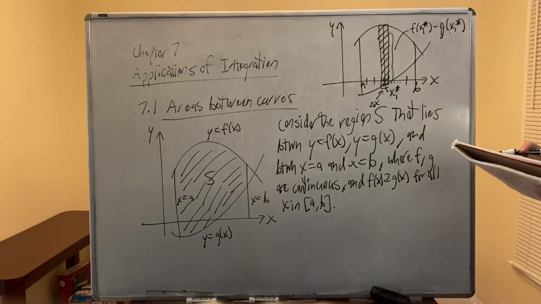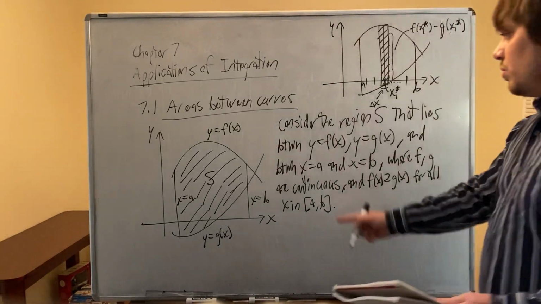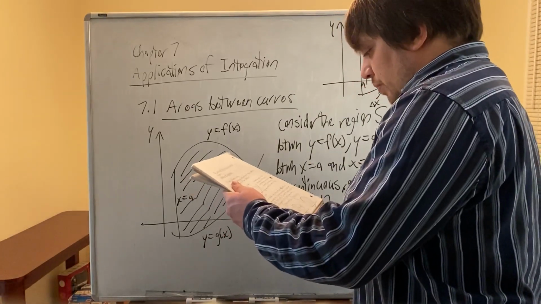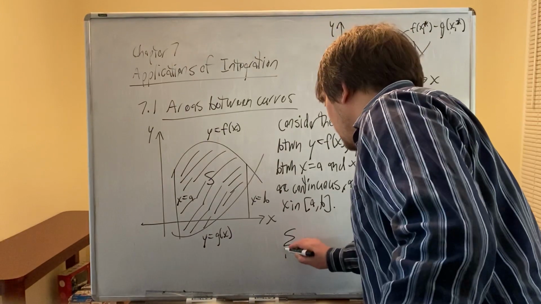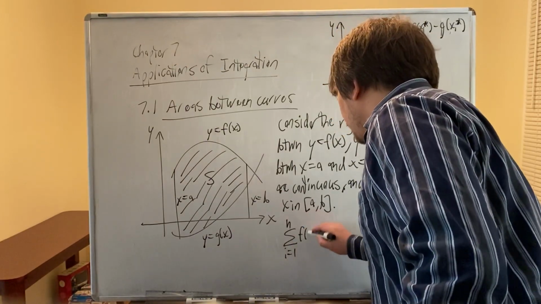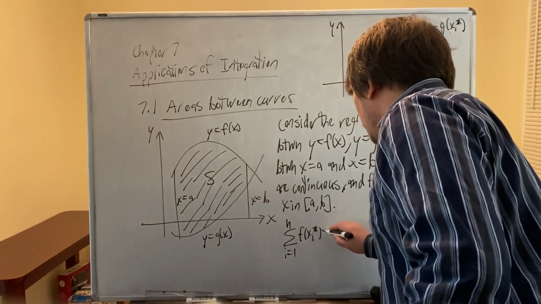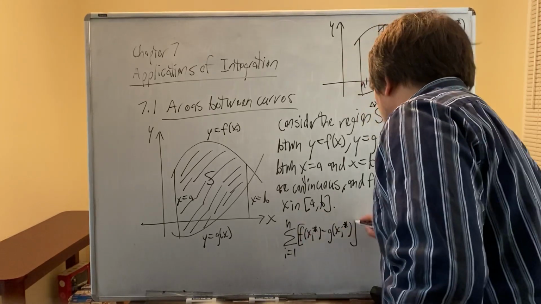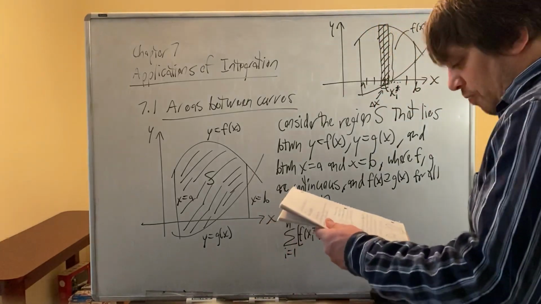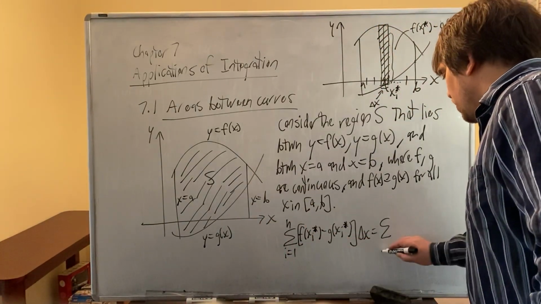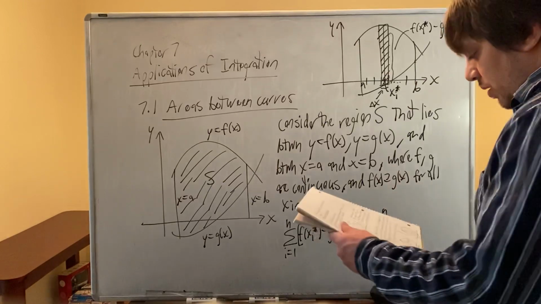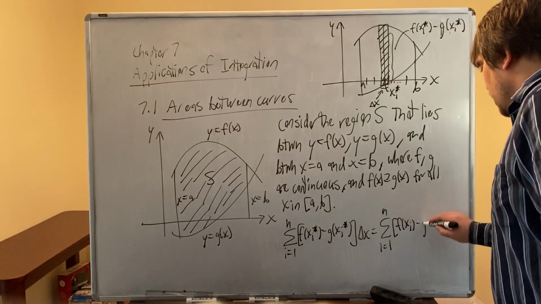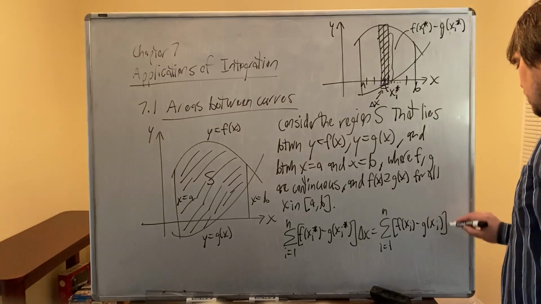Okay, and so explaining that over here, you have the sum from i equals 1 to n of f of x sub i star minus g of x sub i star delta x, which is equal to the sum from i equals 1 to n of f of x sub i minus g of x sub i delta x.